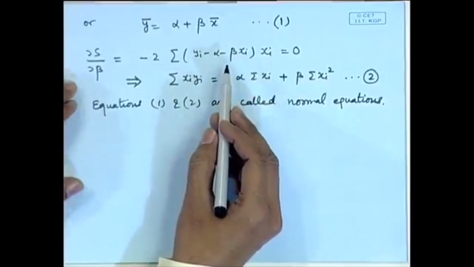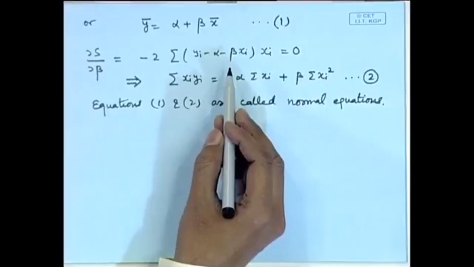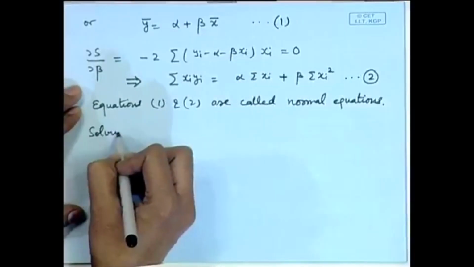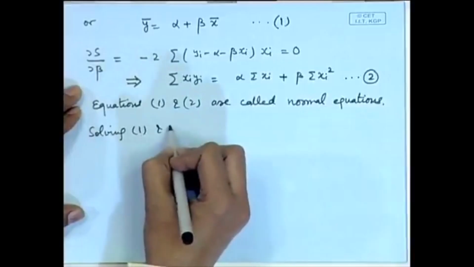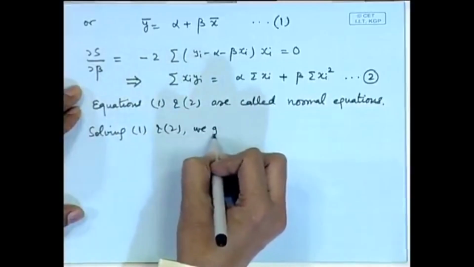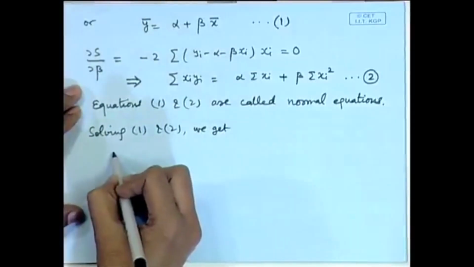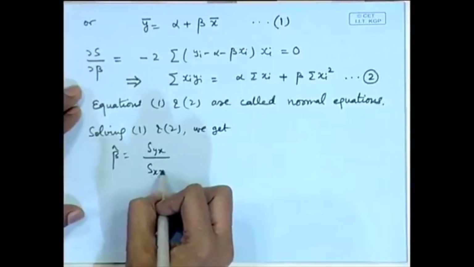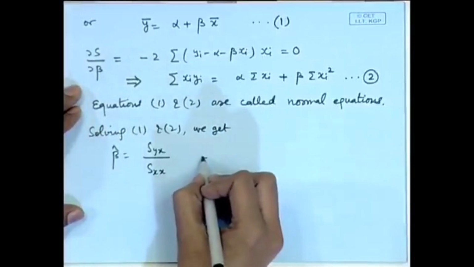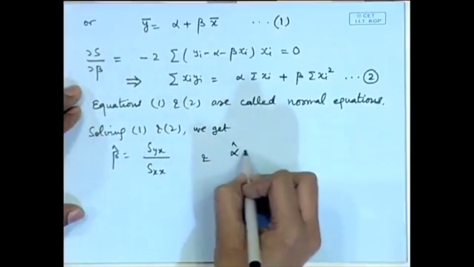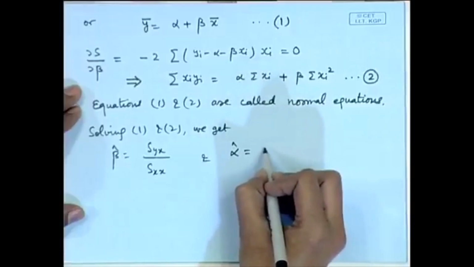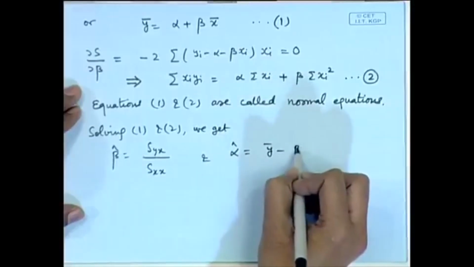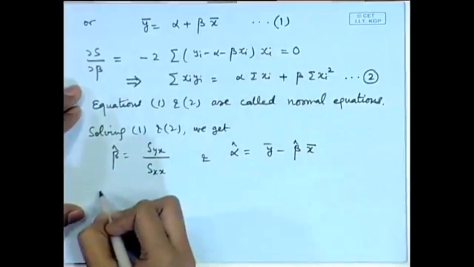So, for example, solving 1 and 2, we get beta hat is equal to S y x by S x x and alpha hat is equal to y bar minus beta hat x bar.